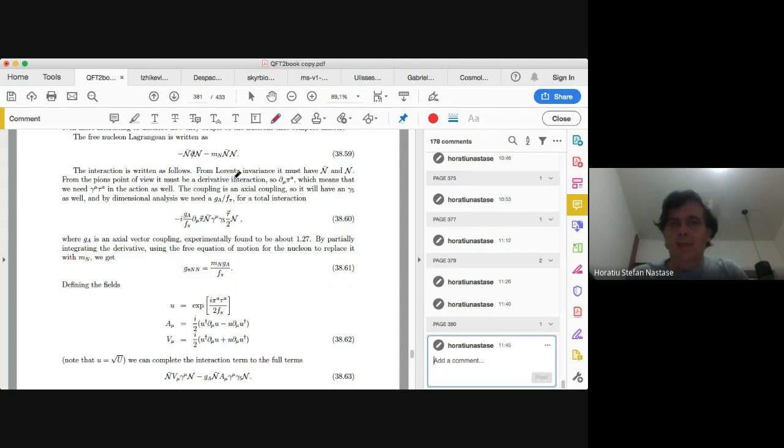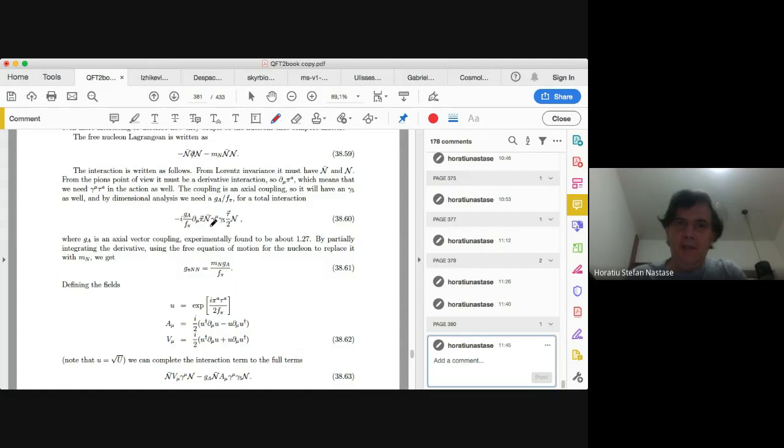Well, the pion has only derivative interactions. It's a pseudo Goldstone boson. So its interaction has to be with d mu pi. So it's d mu pi n bar n. That's there. But then I have this index mu. I have to do something with it.